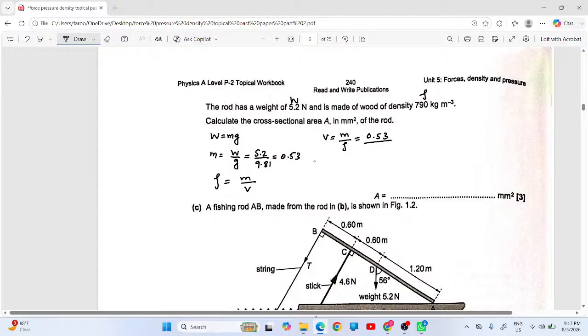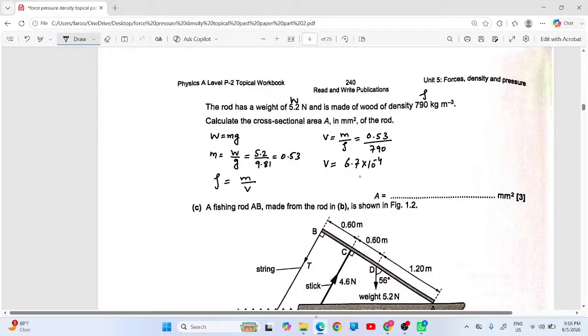Density is 790. So volume equals, check it. 6.7 multiplied by 10 raised to power minus 4. 1, 2, 3, 4. Yes.